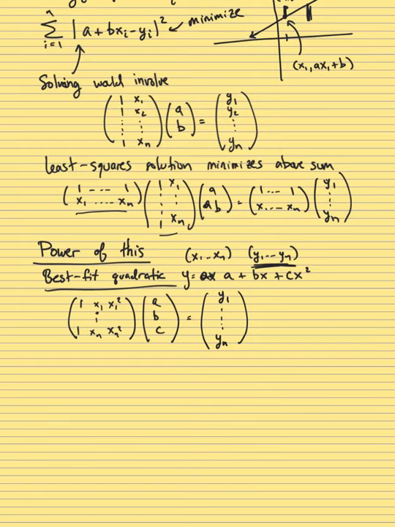And you can even do this in higher dimensions. So if you have points in R3, so now we have xi, yi, zi.